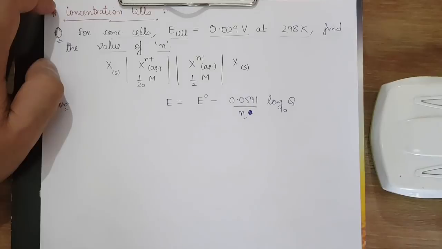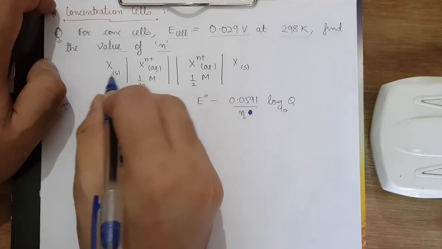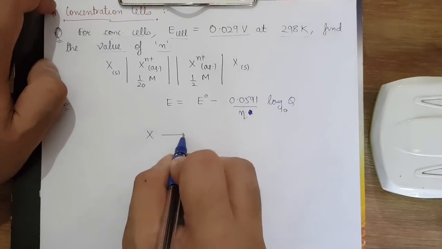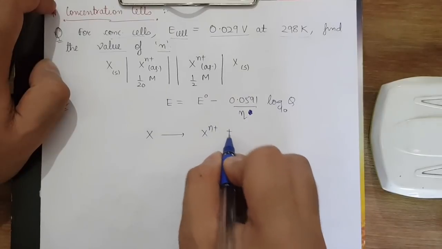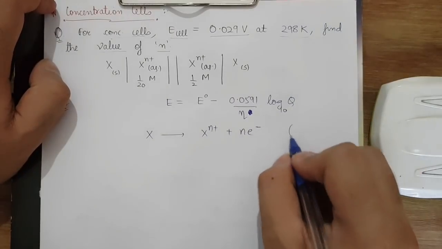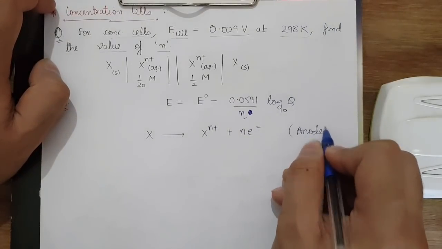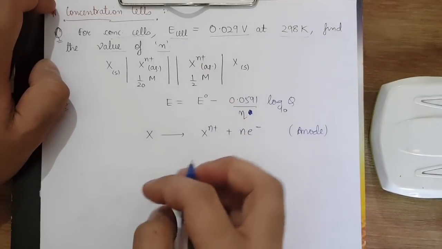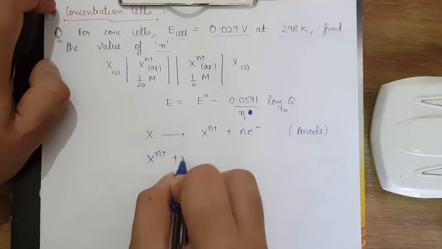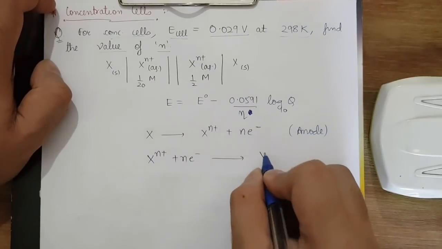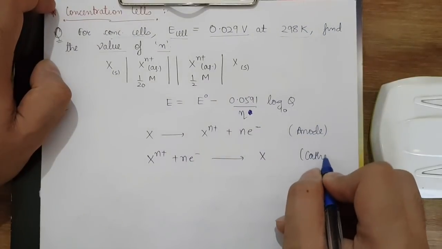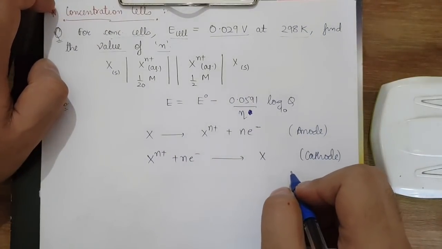Now, in this reaction, let us write: X goes into Xn+ plus n electrons. The oxidation is happening here, so this is the equation at the anode. Here we have Xn+ plus n electrons going into X, which is the cathode. So we have written the half cell reactions for each case.